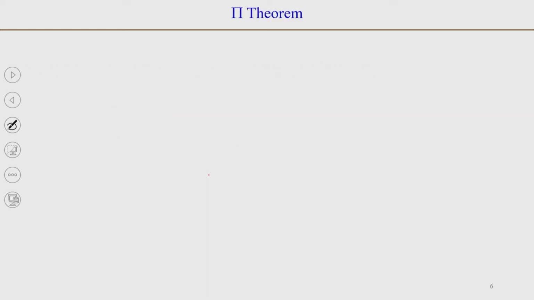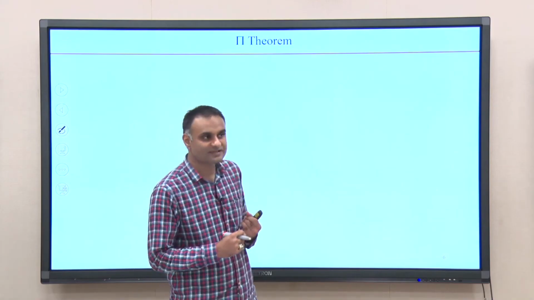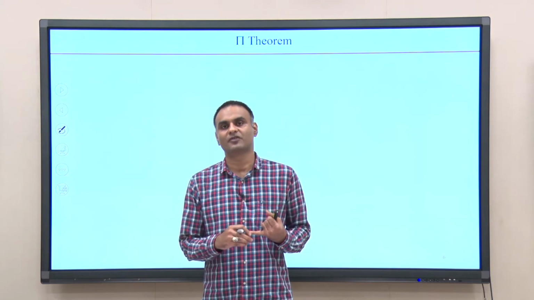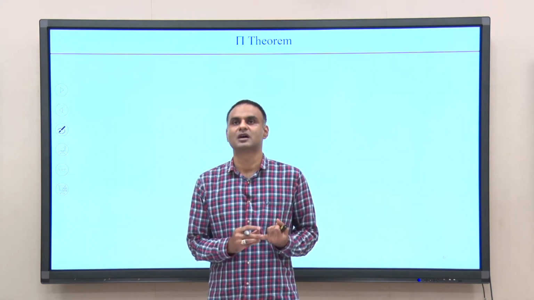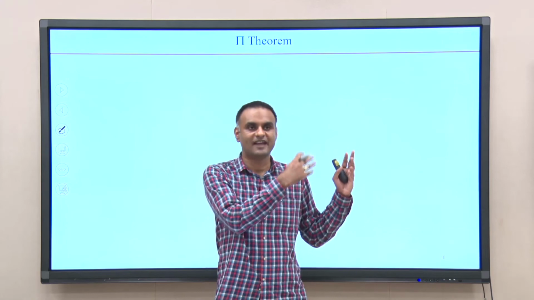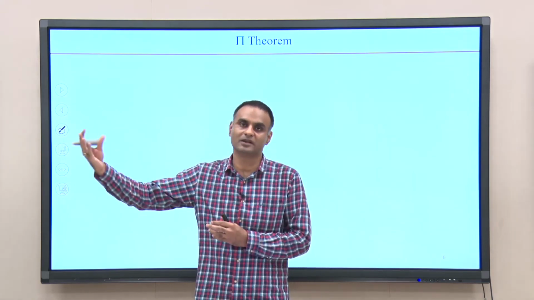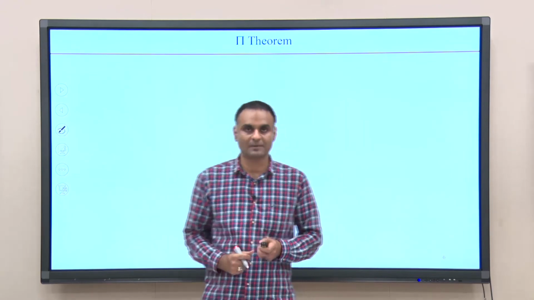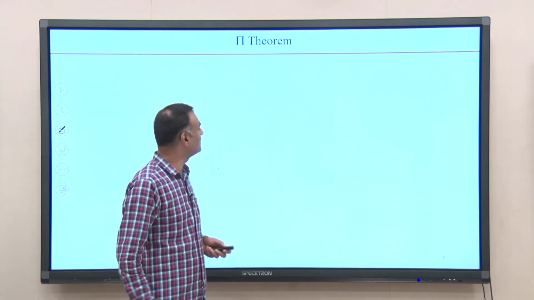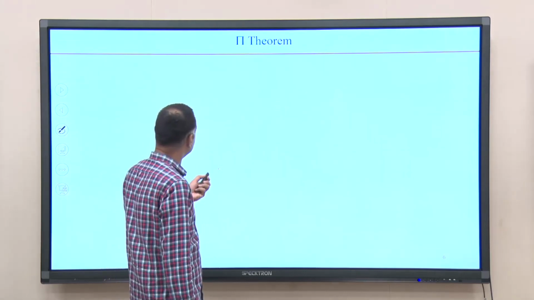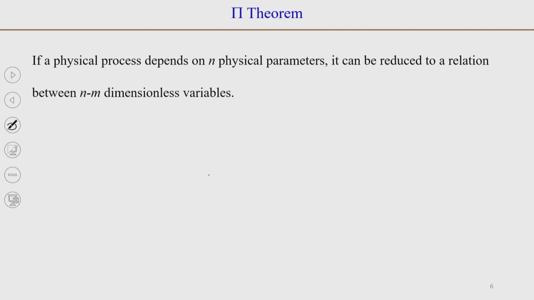Okay. So, as we said, using dimensional analysis we can reduce the number of variables. The question is how many dimensional variables we can reduce to how many dimensionless variables or dimensionless groups. This is given by the pi theorem, or Buckingham pi theorem, where pi represents a dimensionless group.